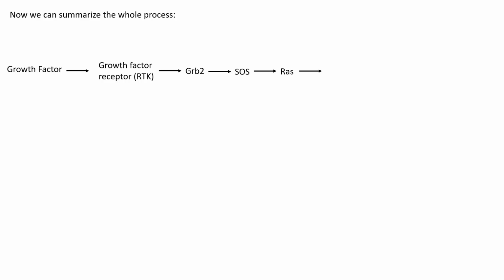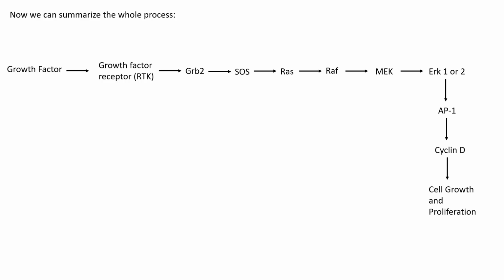RAS will go on to activate RAF. RAF will go on to activate MEK. MEK will go on to activate ERK1 or 2. ERK1 or 2 will go on to activate AP1. AP1 will go on to activate cyclin D. Cyclin D will go on to push the cell through the cell cycle, and you get cell growth and proliferation.